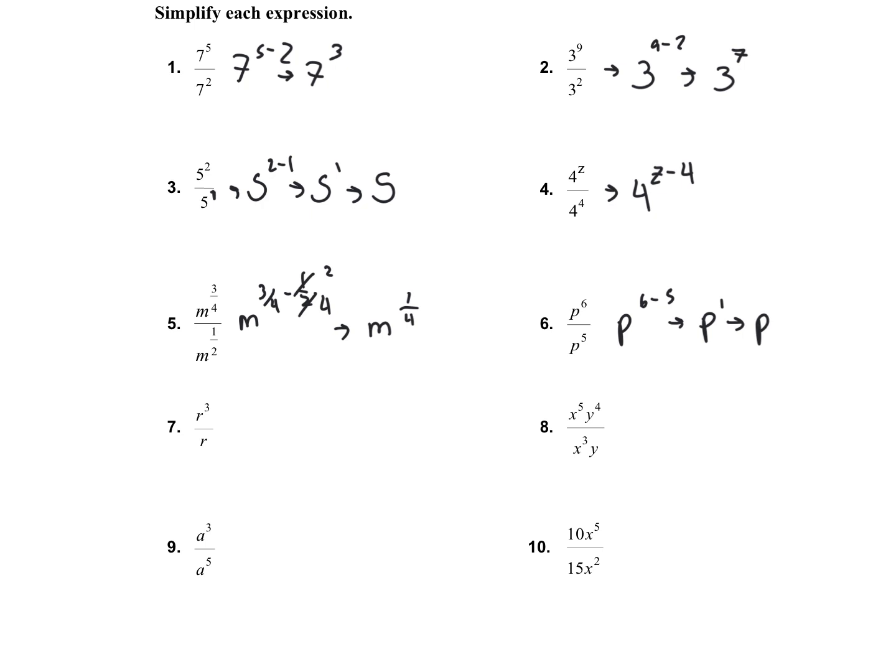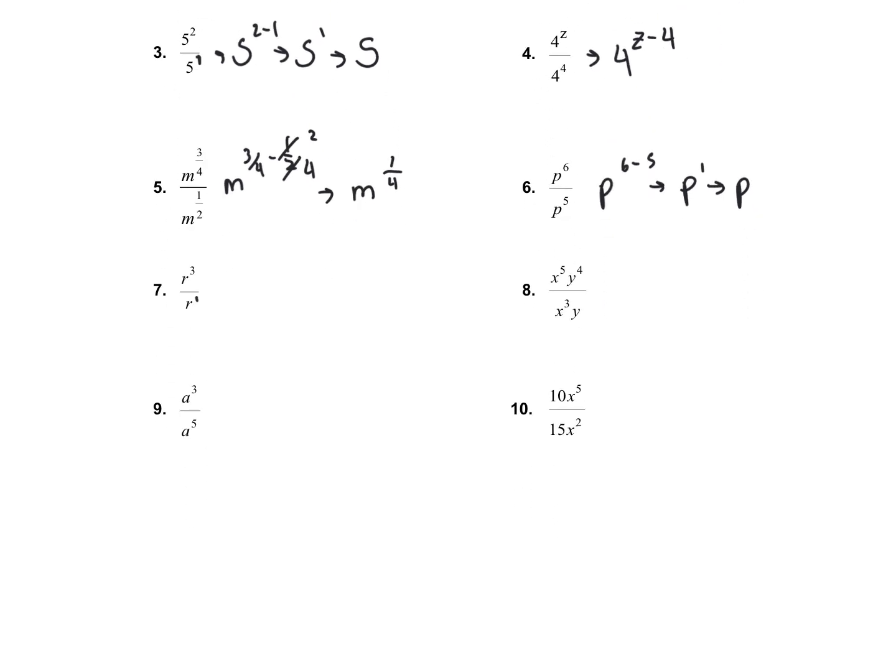For 7, the same thing happens as number 3. This is a 1, so it's going to be r, 3 minus 1, or r squared. Here is x, 5 minus 3, and then y, 4 minus 1. So it's going to end up being x to the second, y to the third.